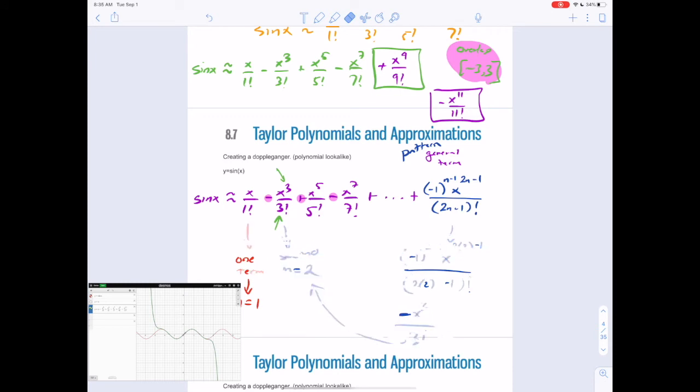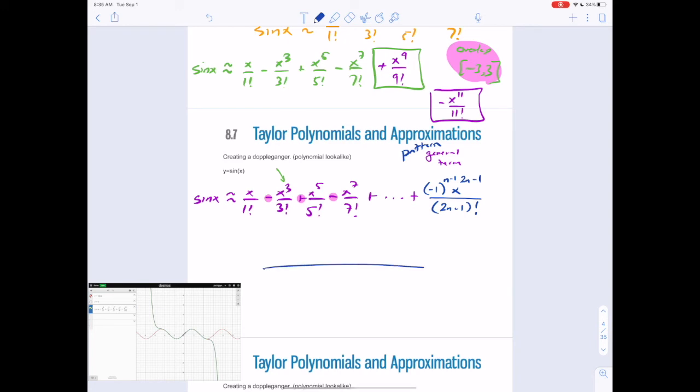Okay, so here's the thing. If I eventually stop, if I only put 100 terms, let's say I went out all the way to the 100th term, okay?